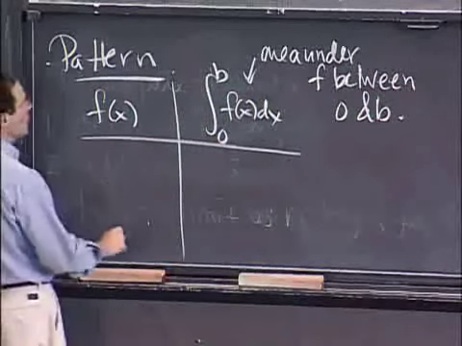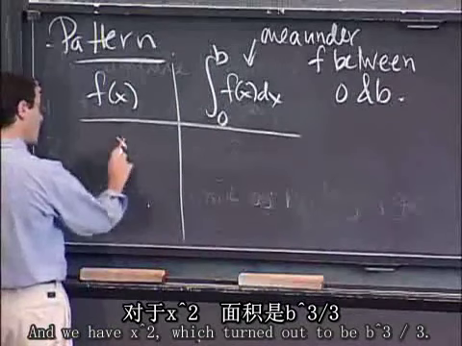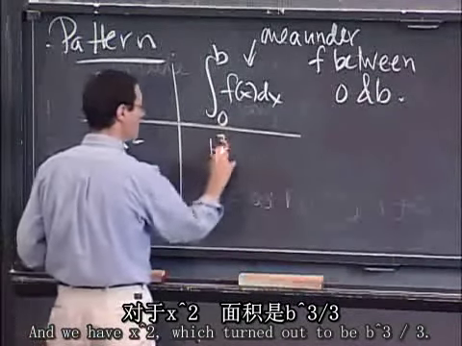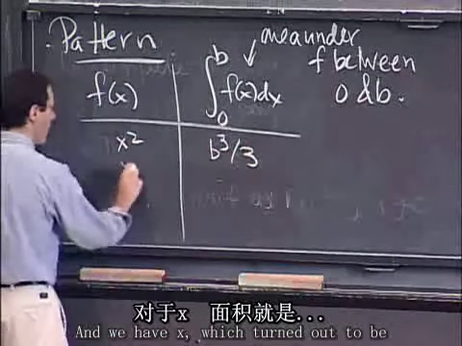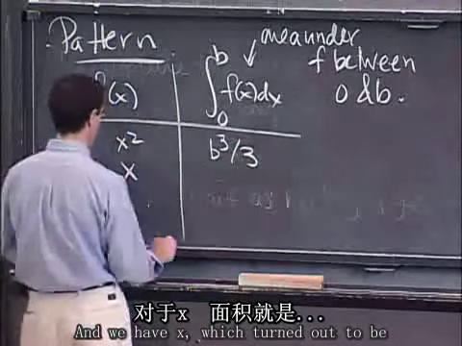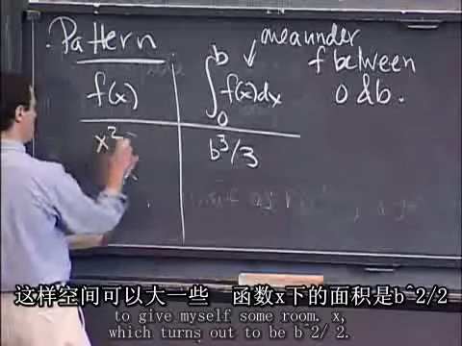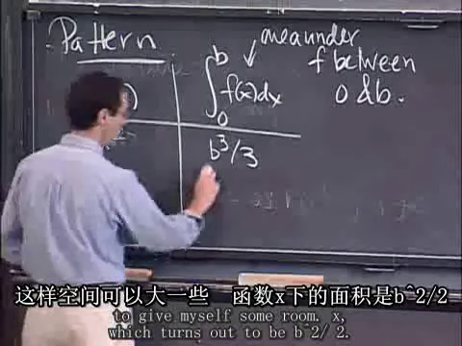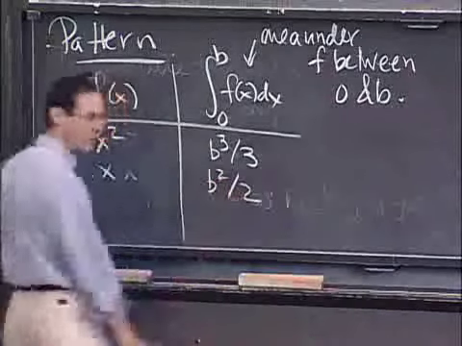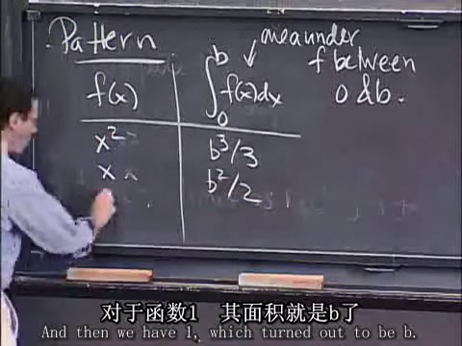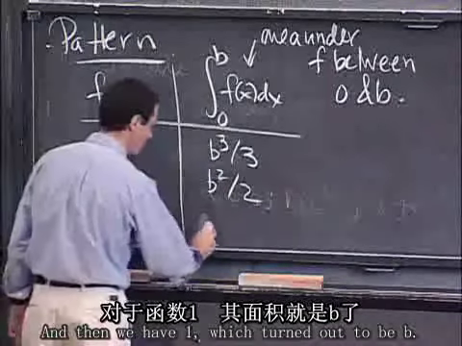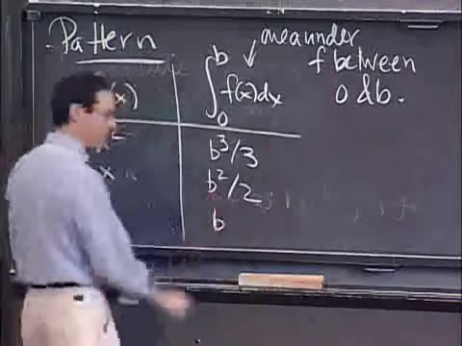And we have x squared, which turned out to be b cubed over 3. And we have x, which turned out to be, well, let me write them over just a bit more to give myself some room, x, which turns out to be b squared over 2. And then we have 1, which turned out to be b.